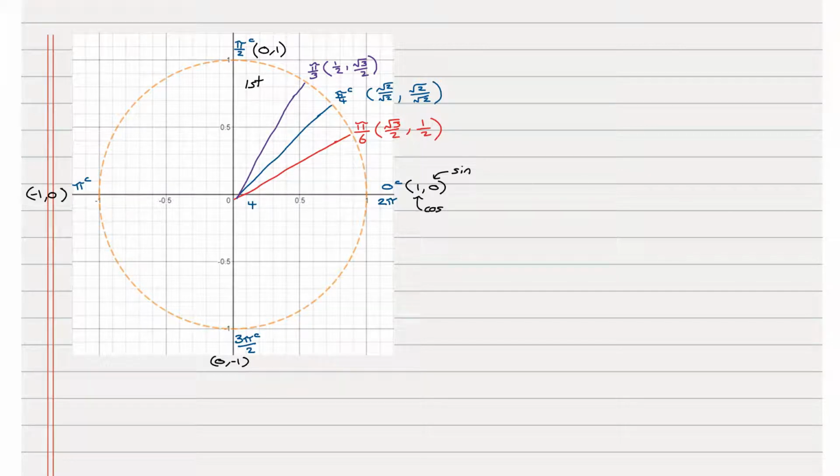So notice that the horizontal displacement in this case, so I'll use an orange pen, if we go across our horizontal displacement from here to here, it's at a maximum of 1, and the vertical displacement is at a minimum of 0. And going up to pi on 2, we see the opposite. So our cosine, our horizontal displacement, is at 0, and our vertical displacement's at a maximum of 1. So that's our sine value.